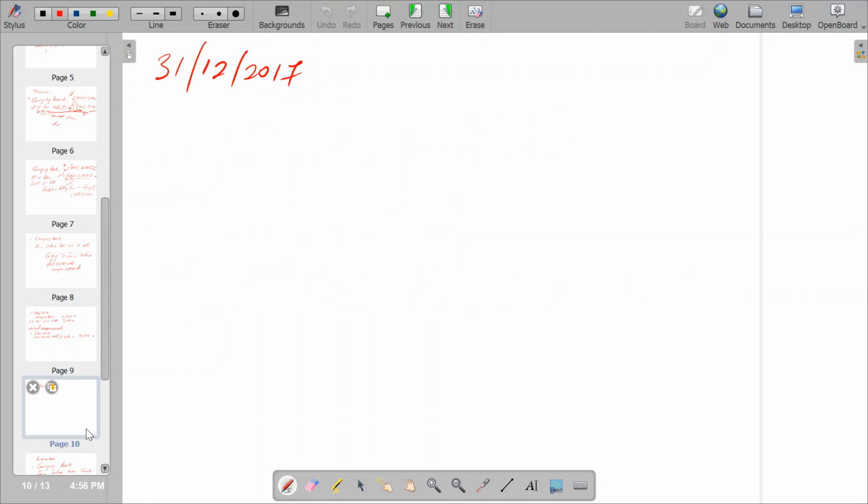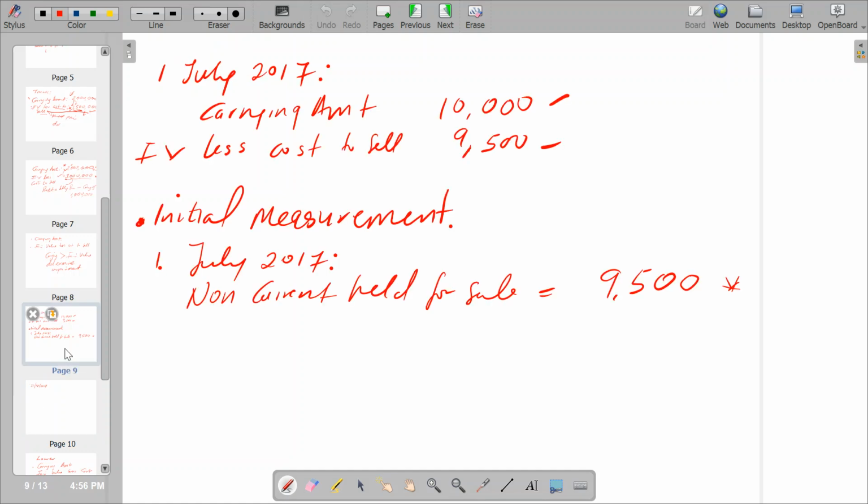So what happens is that, once we classify the asset as held for sale, we don't depreciate it again. But then we check the fair value along the line, until we sell it. So even though this is 9,500, the value will not be the same as at 31st December, because market conditions might change.